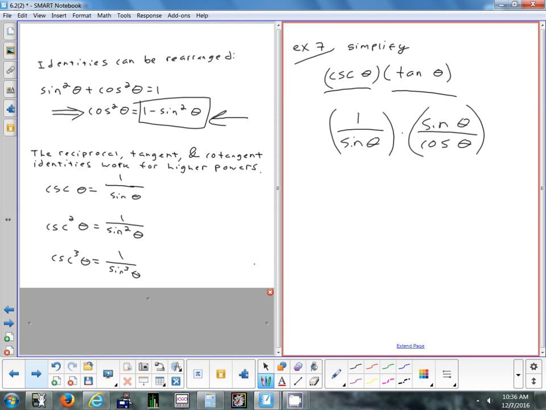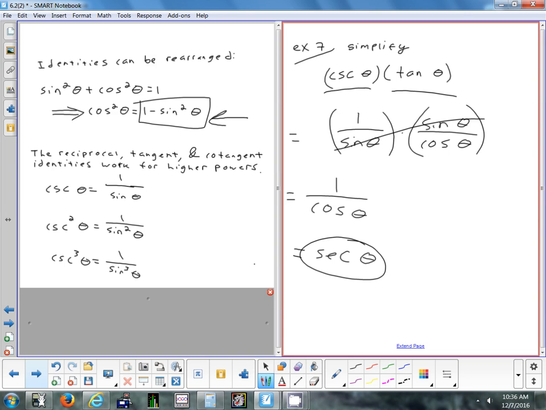Now if you multiply those together, what happens? The sine cancels, and you're left with 1 over cosine, which is secant. So by changing everything to sines and cosines, something canceled out, and we were left with something simpler than what we started with.